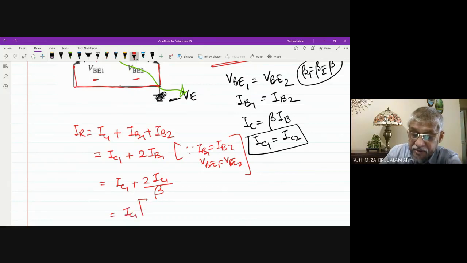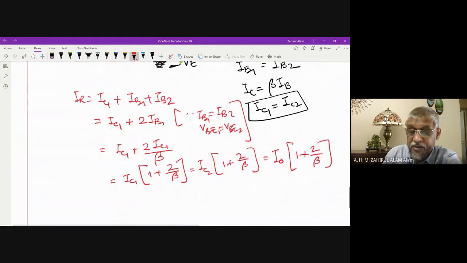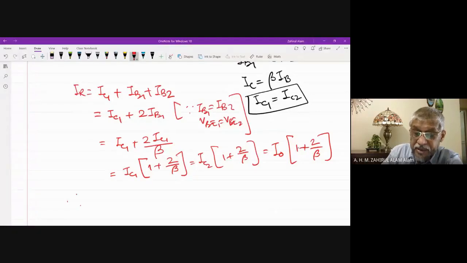So IC1 times 1 plus 2 over beta is equal to IC2 times 1 plus 2 over beta, which is equal to IR. So now we found the relation between IR and I naught.